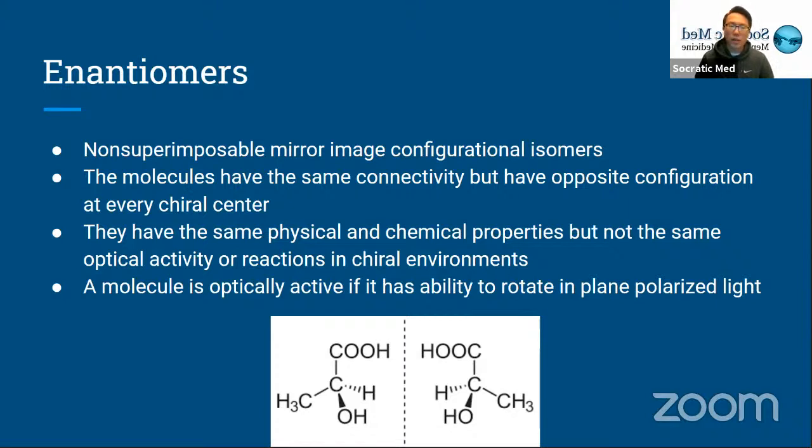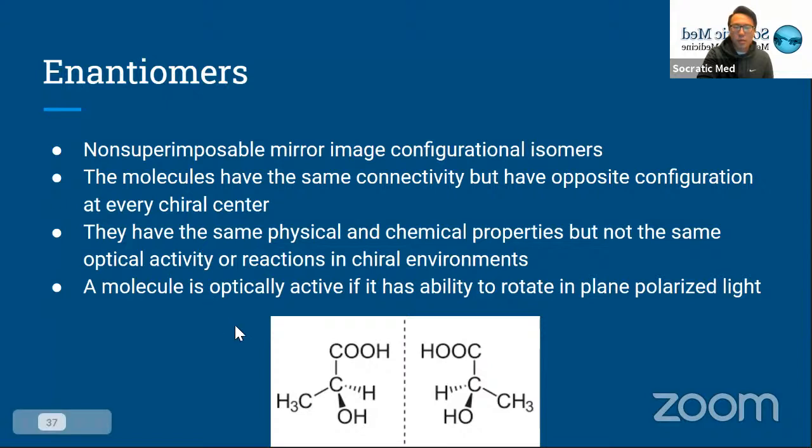So the R and S configurations at each chiral center will determine the properties of the enantiomer in a chiral environment and when trying to polarize polarized light. You can consider a molecule optically active if it has the ability to rotate plane polarized light.